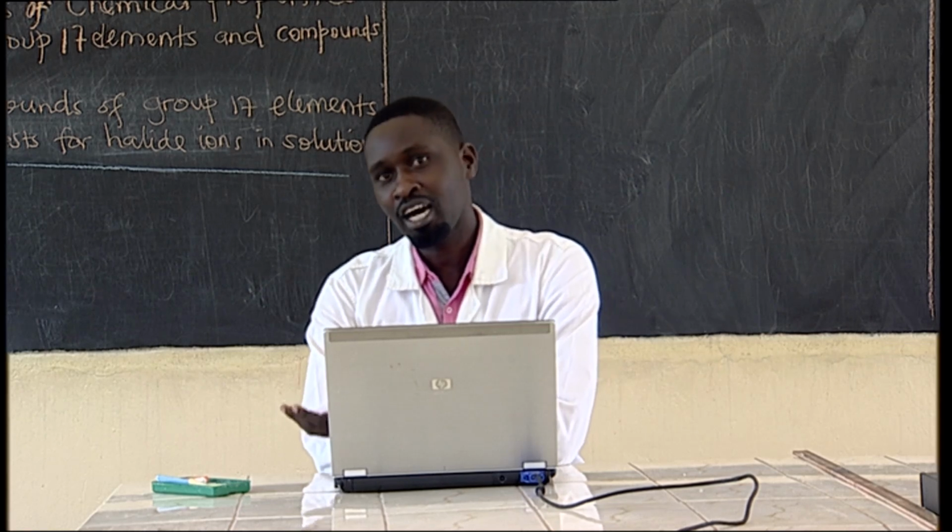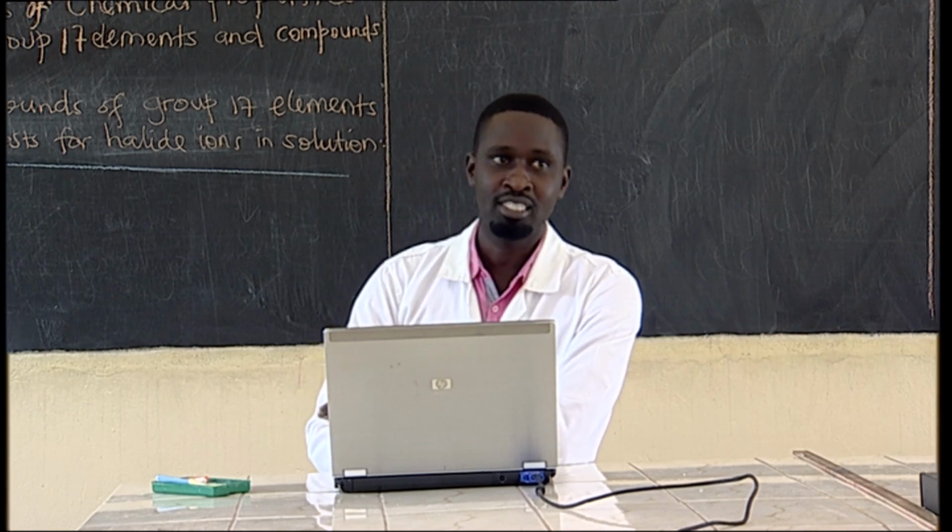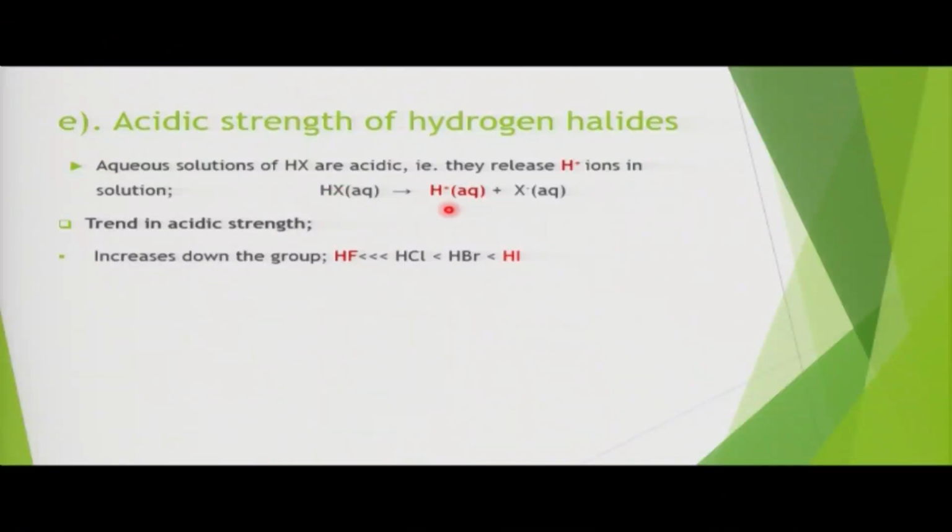Yes, of course, the hydrogen iodide, because the bond is weaker, it can easily be broken. And this takes us to the acidic strength. It increases down the group, meaning the hydrogen iodide is actually way a stronger acid than hydrogen fluoride.